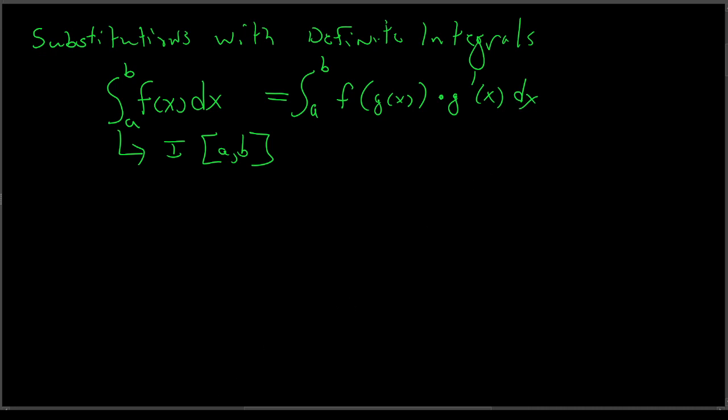And this is the same format that we used when doing substitutions on an indefinite integral. And what this part created for us was some function we're going to call g of u du.